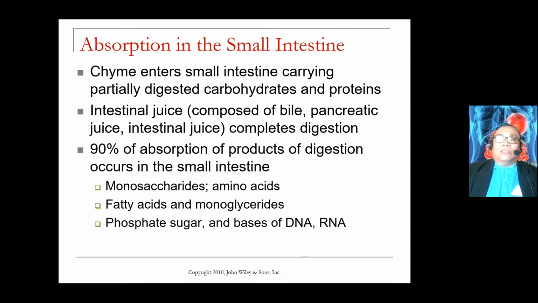How are they digested and absorbed? The starch or polysaccharides are absorbed in the form of monosaccharides, the proteins as amino acids. For the fats, we have fatty acids and monoglycerides. And for the nucleotides, we have the phosphate, sugar, and bases of RNA and DNA.